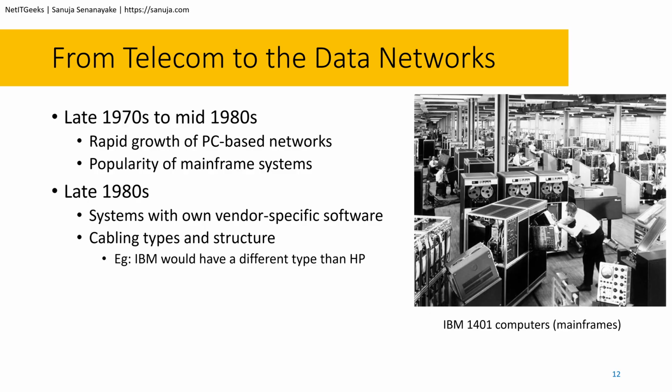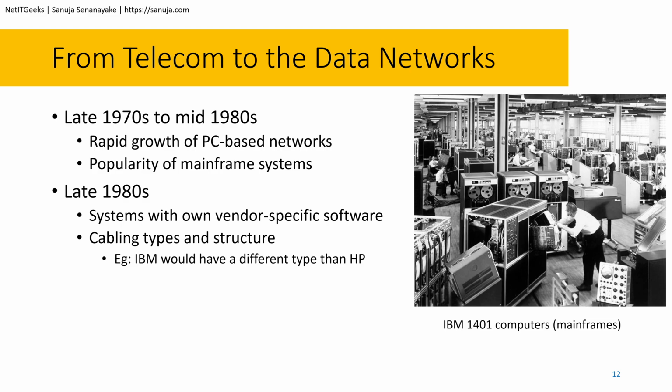IBM is the main equipment and service provider for the majority of mainframe systems in North America and worldwide. For example, the government of Canada, the government of the United States, and the government of India still use IBM mainframe systems. In the late 1980s, systems with their own vendor-specific software came about.